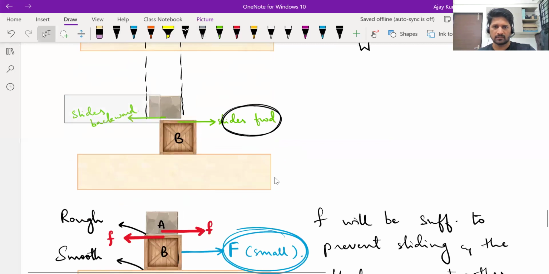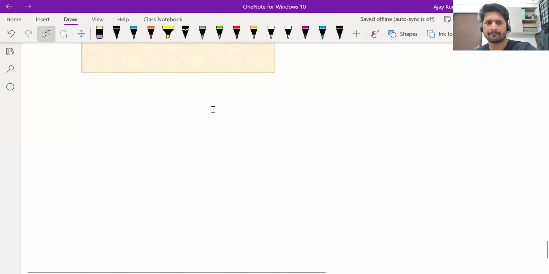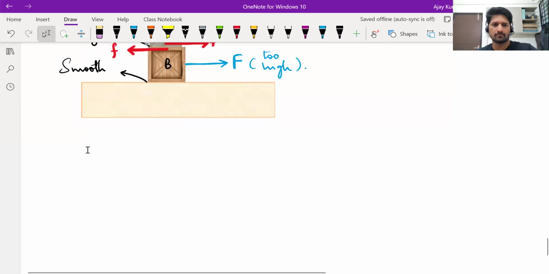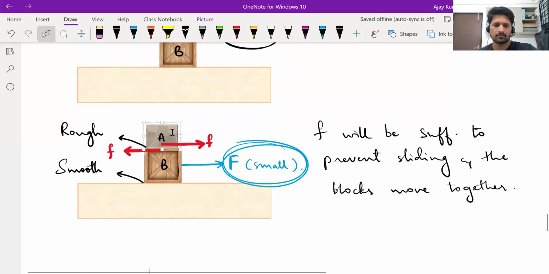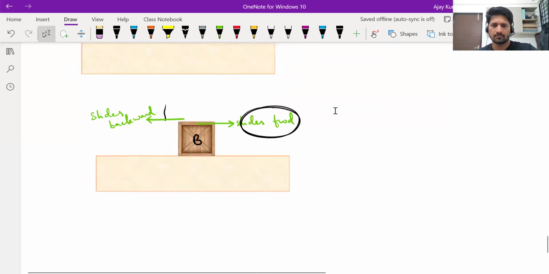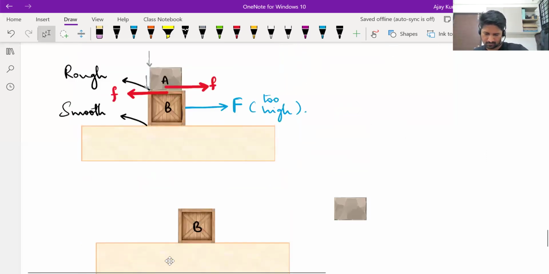I can use this diagram itself. The surface stays where it was.